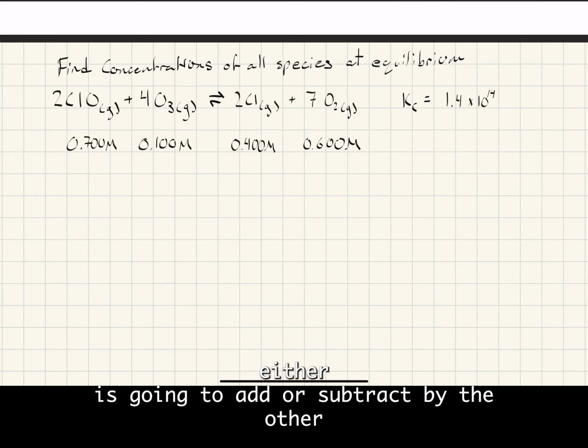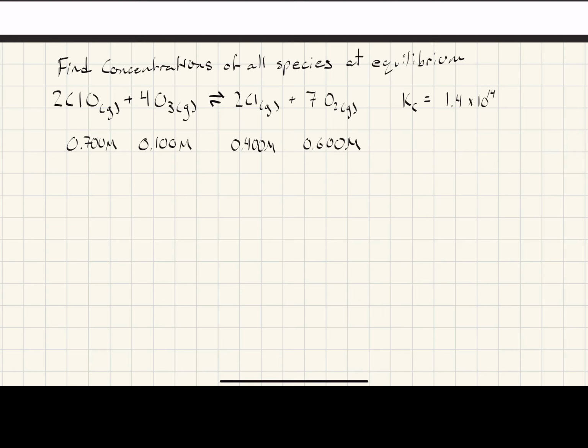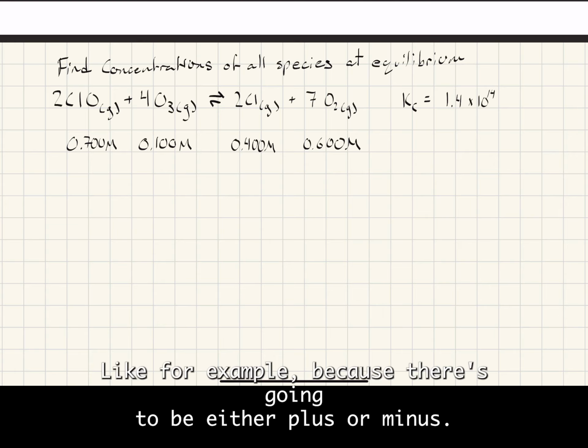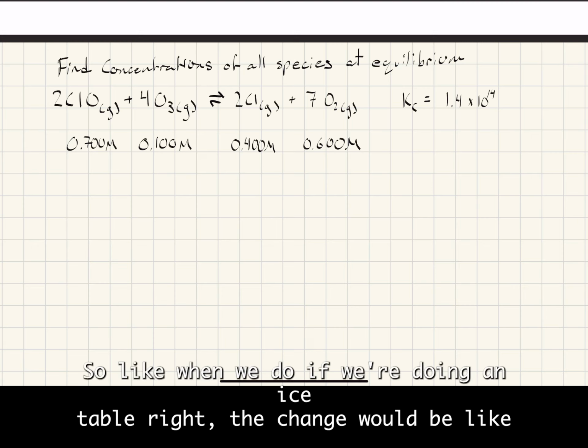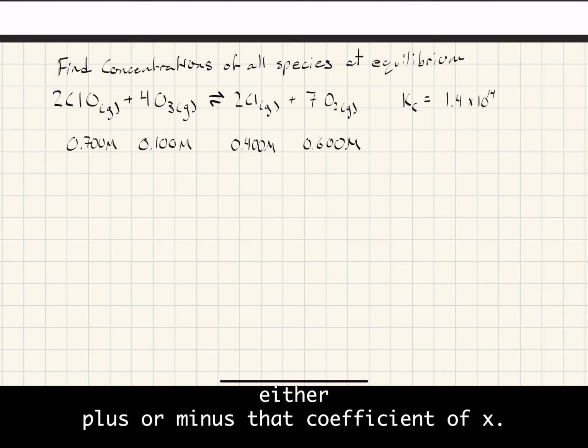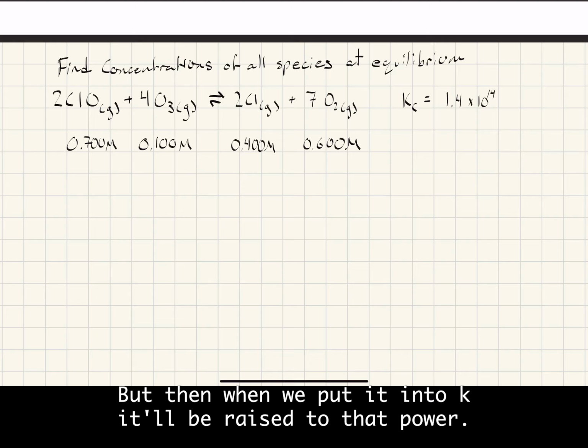Either going to add or subtract by the x of that concentration. Yeah, 2x of that. So if we're doing an ice table, the change would be either plus or minus that coefficient of x, but then when we put it into K, it'll be raised to that power.